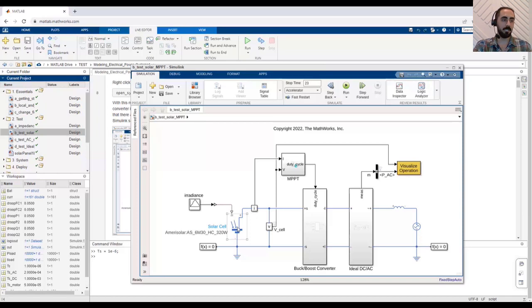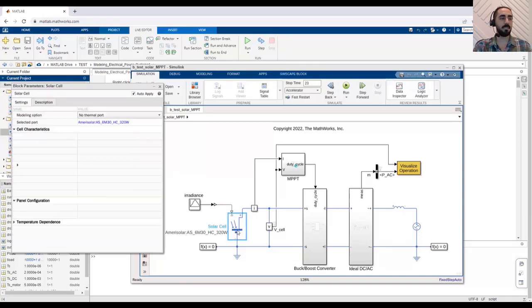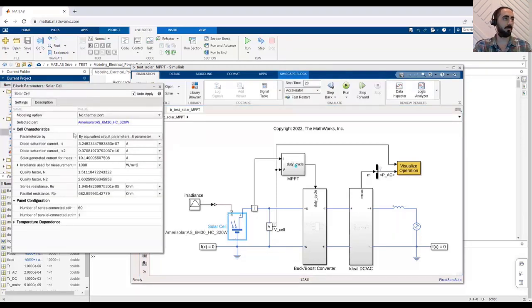If I double click on that, you can see it's a pre-parameterized solar cell with a manufacturer part. You can definitely change that manufacturer part to another one that you use in your system. And we have these cell characteristics parameterized in here, so you can easily change the values for them.